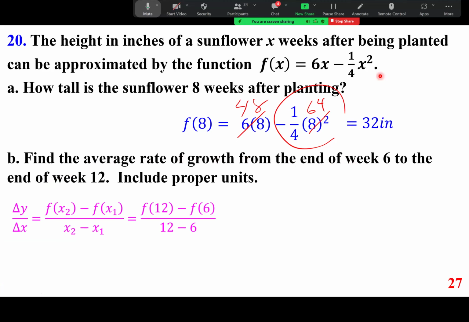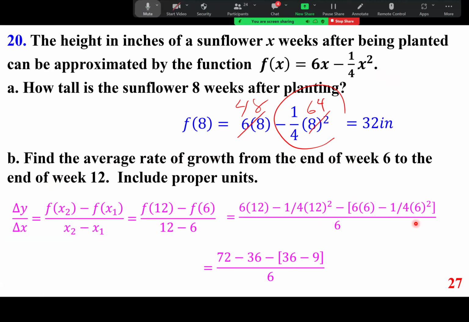So plug in 12. 6 times 12 minus 1/4 times 12 squared. And plug in 6. 6 times 6 minus 1/4 of 6 squared. And this is 72. This is 144 times 1/4 is 36. And this is 36. This is 36. 1/4 of it is 9.